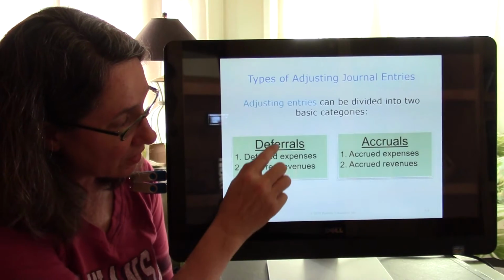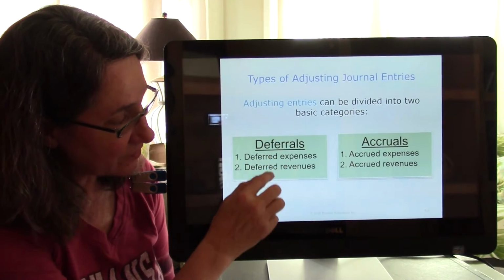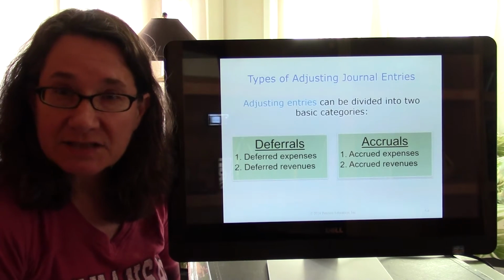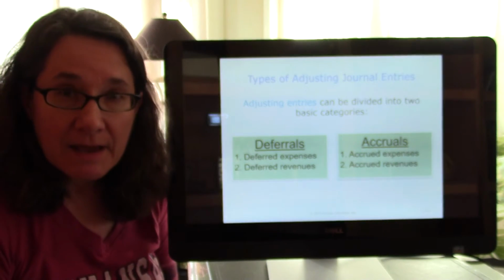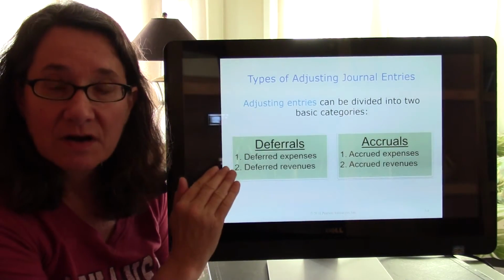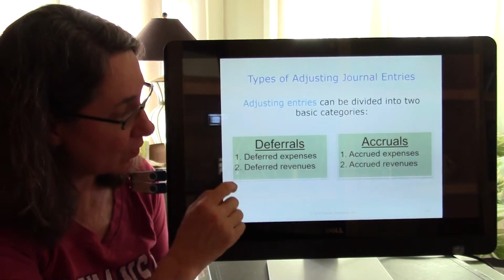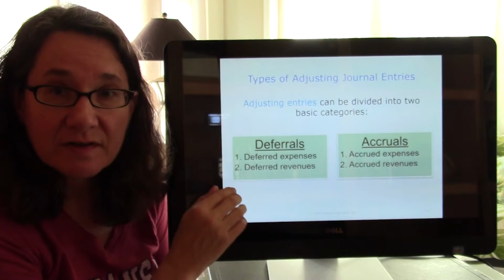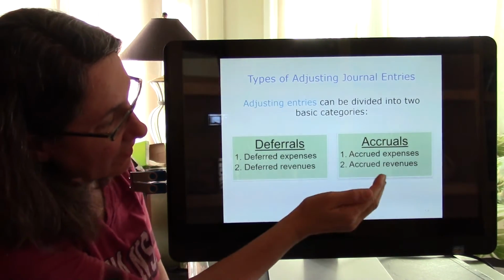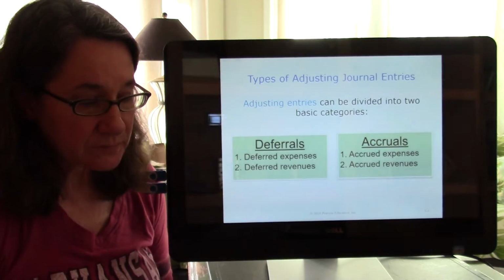So a deferral, a deferred expense or a deferred revenue means somebody paid some cash up front, and now we need to adjust for that because we either did that work or we used that asset up and now it's an expense. Then there's this other category, accruals.